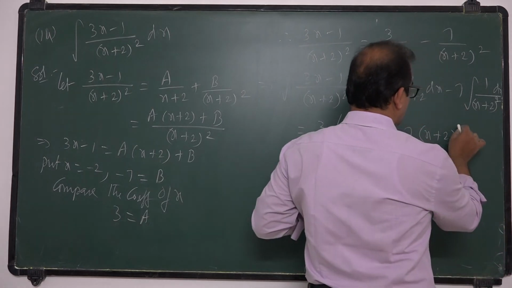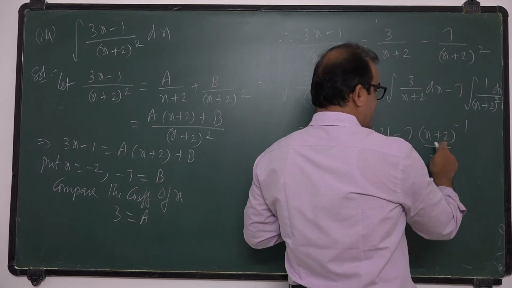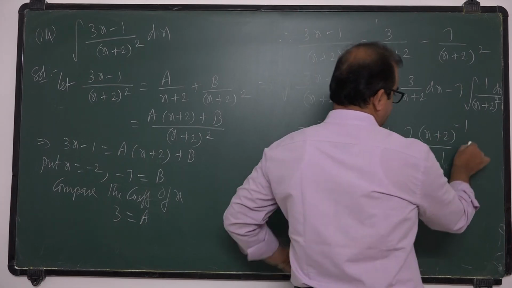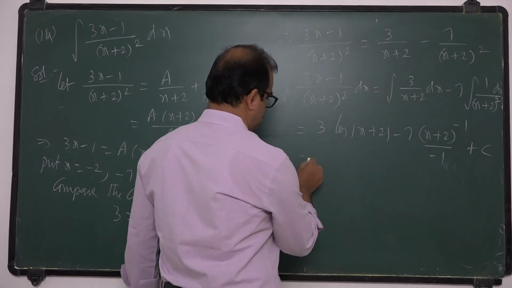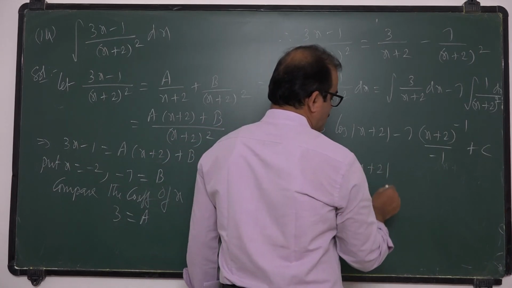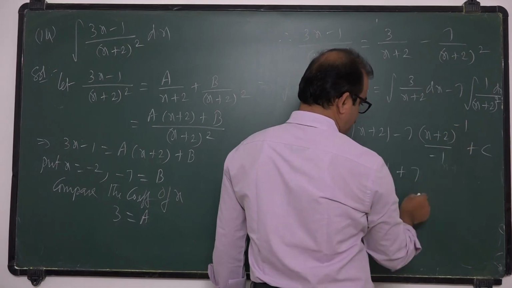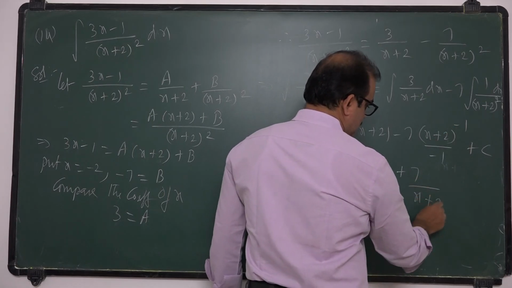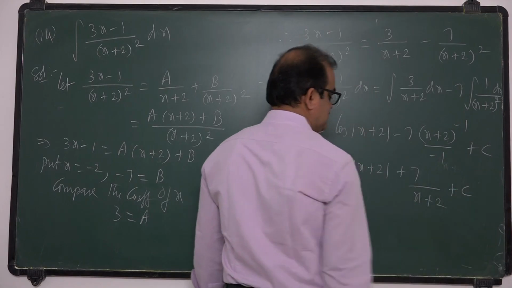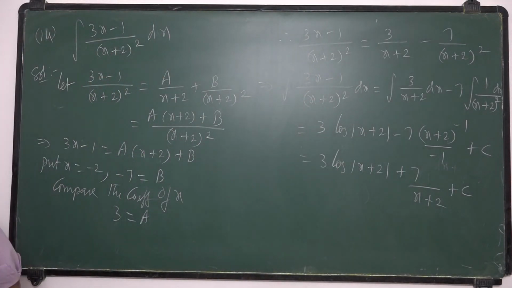Minus 2. Minus 2 plus 1, minus 1, by minus 1 by derivative of (x plus 2), that is 1. Minus into minus plus 7, (x plus 2) whole power minus 1, that is 1 by (x plus 2), plus c.